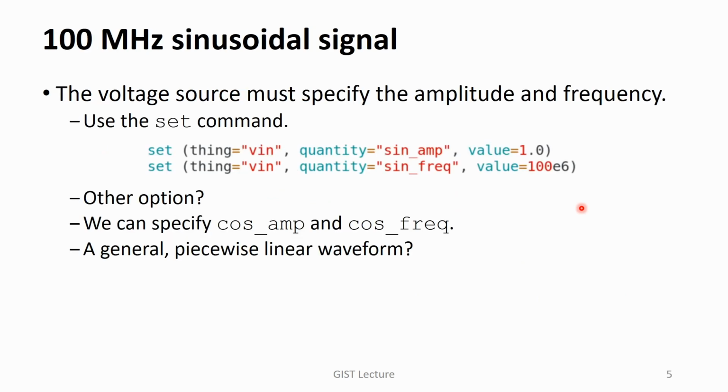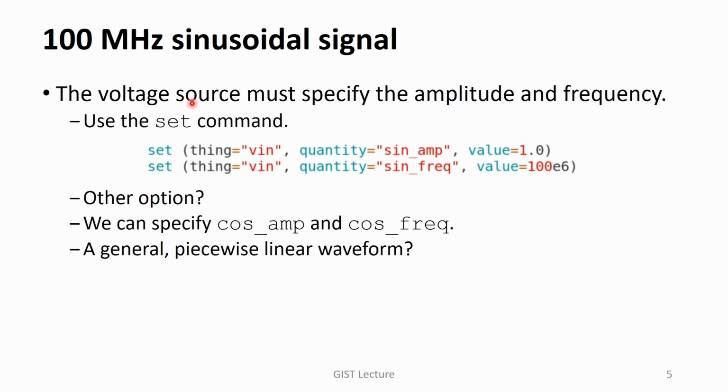Now, let's apply a sinusoidal signal. Up to now, for the voltage source, only its DC component has been specified. In order to specify a sinusoidal voltage source, we need other commands.